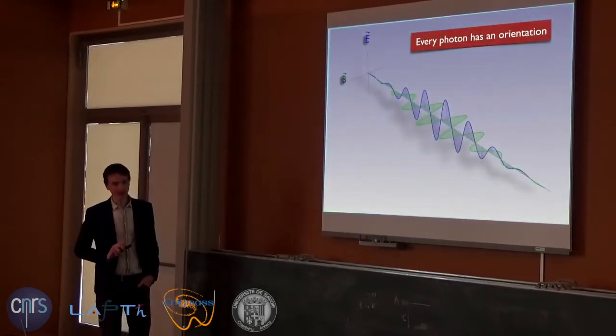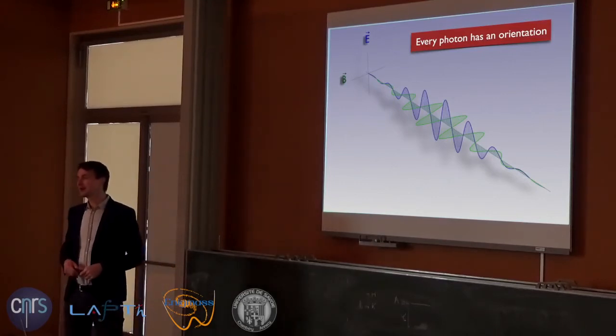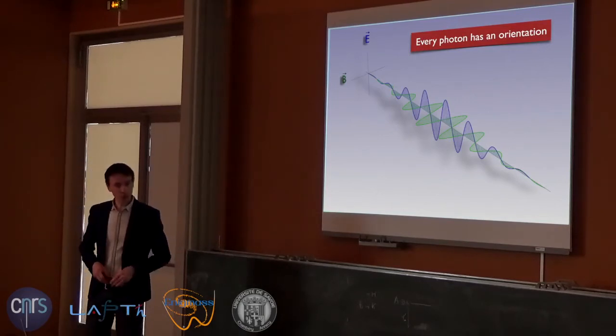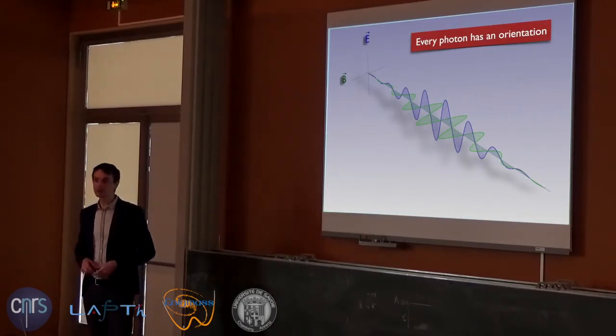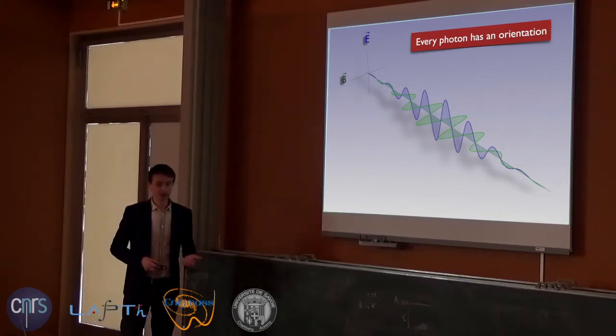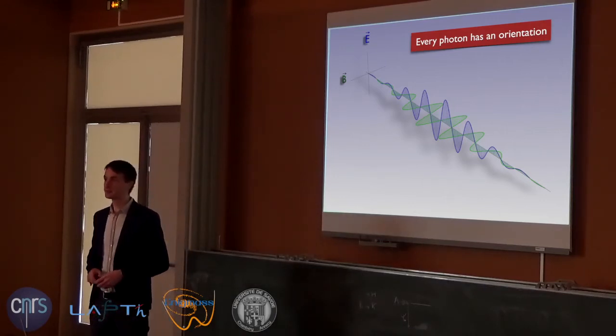So, the cosmic microwave background in each direction has a temperature. It's a collection of photons, and we did not yet discuss whether the orientation of the photons is random or not. If a gas is in a perfect thermal equilibrium, the photons will come out in a random orientation.